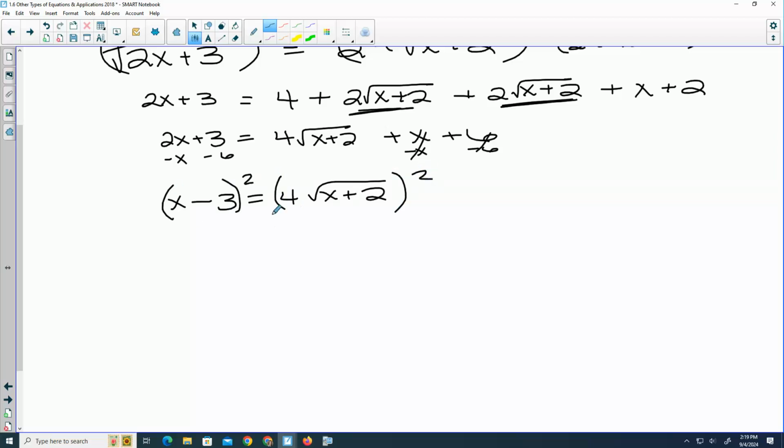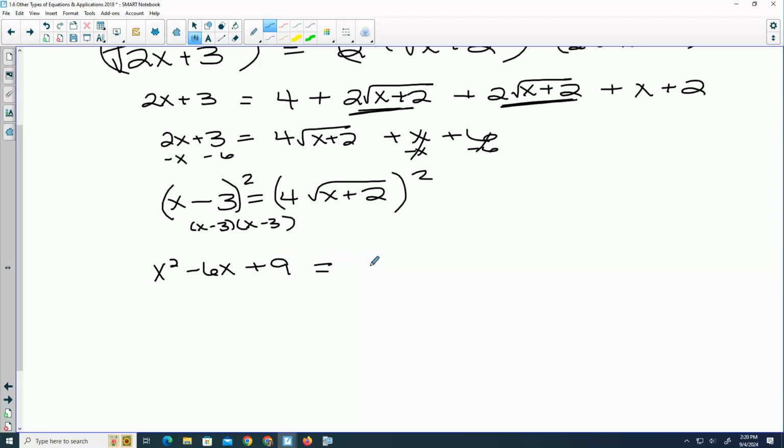On the left, this was 2 terms, so x minus 3 squared means we have 2 of them. We have to FOIL. So we get x squared minus 3x, and minus 3x is minus 6x. Negative 3 times negative 3 is positive 9.